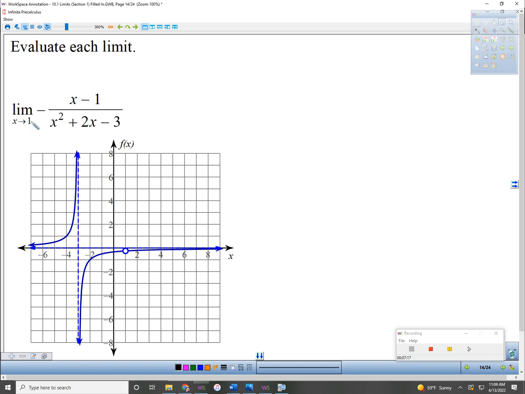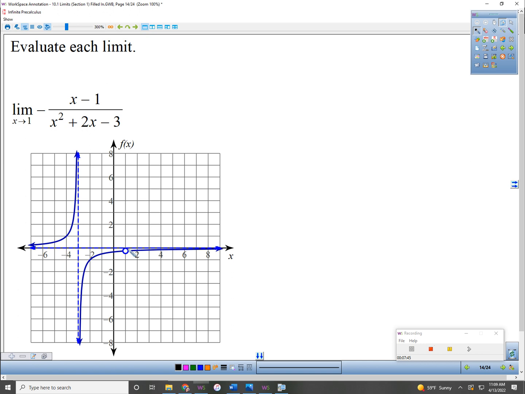All right, the limit as x approaches 1. So 1 is right here, an x value of 1. So as I travel along, I'm getting closer and closer to this location right here, and on this side, same thing, this location right here. That is a y value of, I'm going to say, a negative 1/4. Okay? If you get really, really close, I'm not going to dock you for that, because it's kind of hard to tell since we're just going off of a graph.